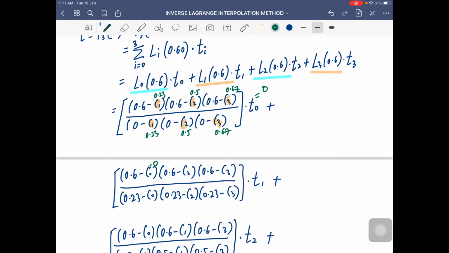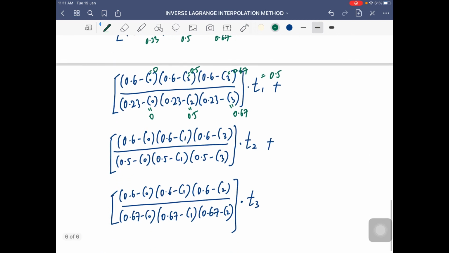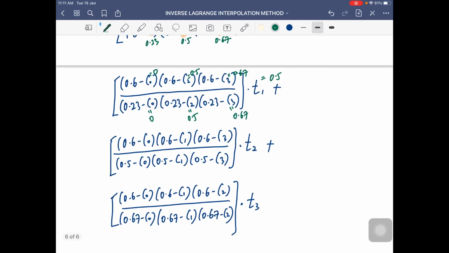Alright, so similar to here, if I substitute the values here, C naught 0, and then C2 0.5, and then C3 0.67. So here 0, 0.5, 0.67, and then I plug in my T1, 0.5. You can write it in a proper way, or you can start from the early stage, you already plug in the values, should be okay, because all those values are our known data points.